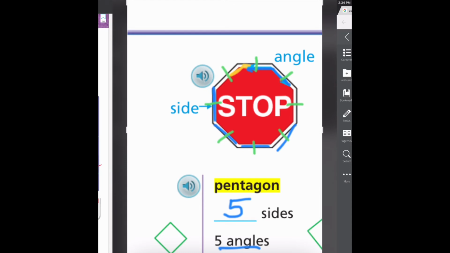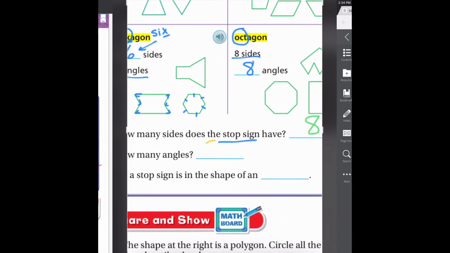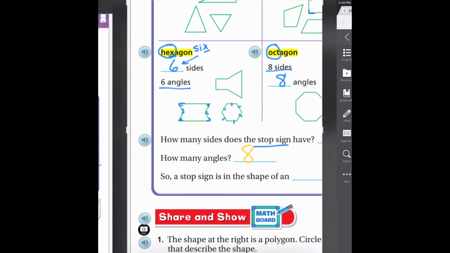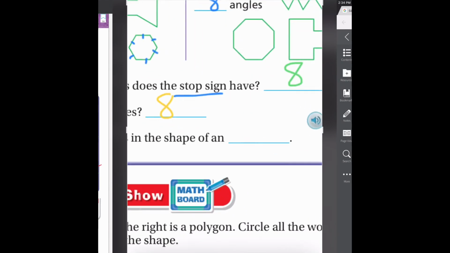There's 1, 2, 3, 4, 5, 6, 7, 8. And it did. It had 8 angles. So, 8 sides and 8 angles, that is right there, octagon. We'll write that in here, octagon.